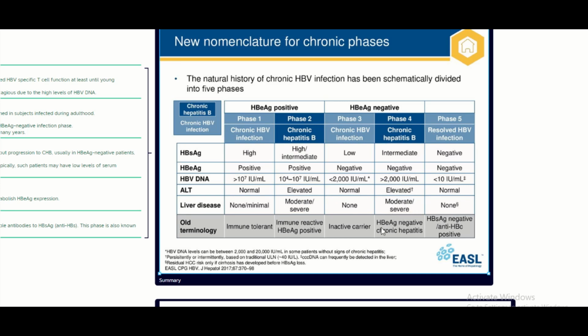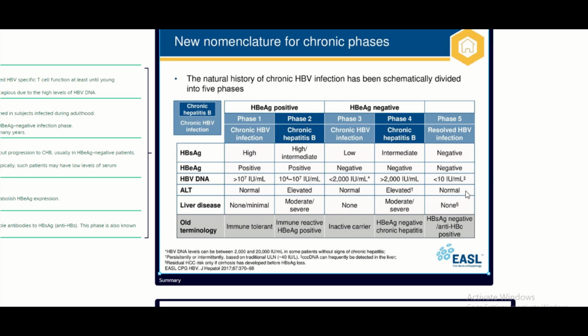Phase 5 is really rare for our patients, but it can come, where the patient will not have DNA anymore, which is lower than the detection threshold. HBe will be negative, HBs will be negative, ALT will be normal, and we'll have no inflammation. The only thing that we can find is anti-HBc.